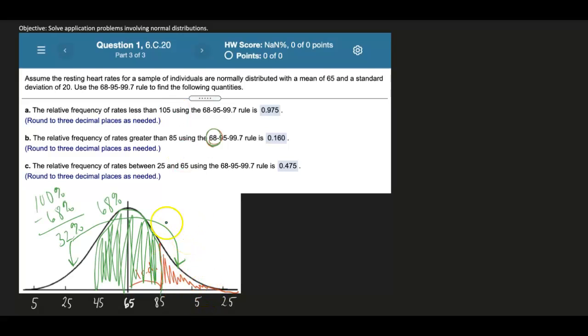But we only want the right side of the tail, and because this image is symmetric, these two pieces are equal. So we're going to take 32% and divide it by 2 to get that just this region here on the right is 16%. Now it turns out that also this region is 16%, but we just need this region over here, the 16%. Again, since they're asking for it as a relative frequency, write that as a decimal value.